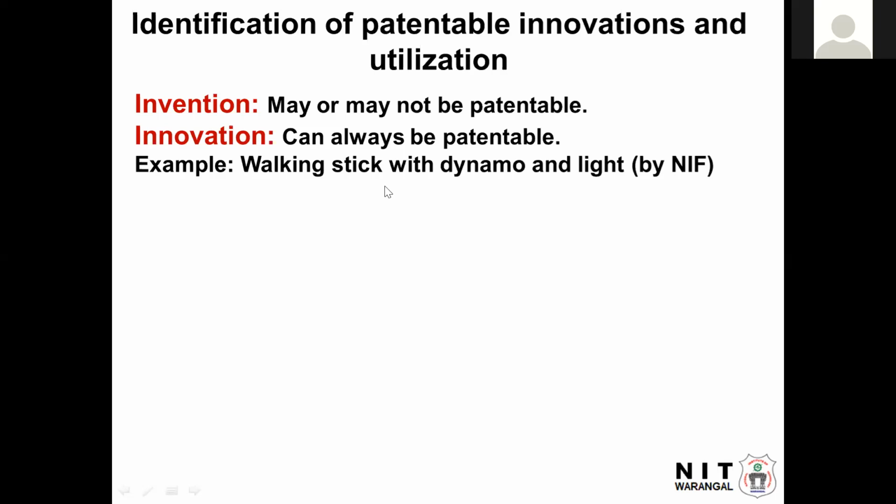That is attached to a dynamo, so the dynamo rotates and energy is generated, which is stored in a battery. So in the daytime, whenever he is walking, the battery is being charged up. And he has put a small LED light with a switch, so in the night time, even when walking, he can switch the light on and walk to avoid snakes and other things.